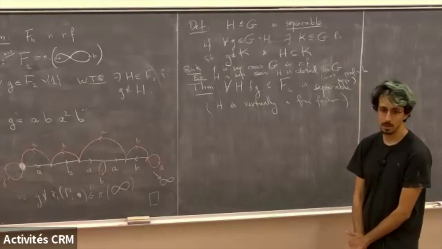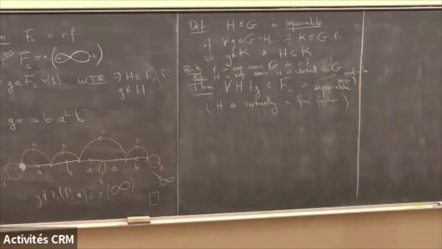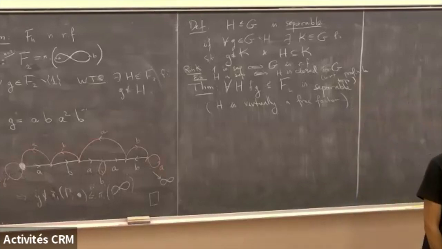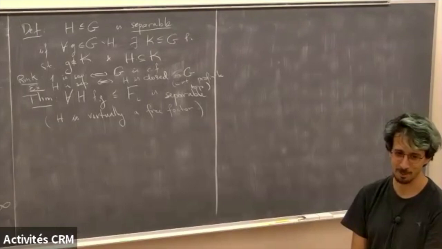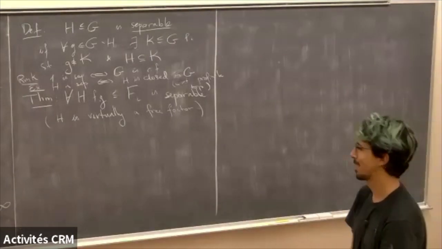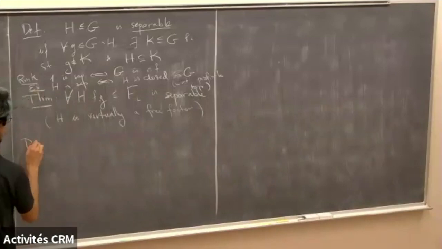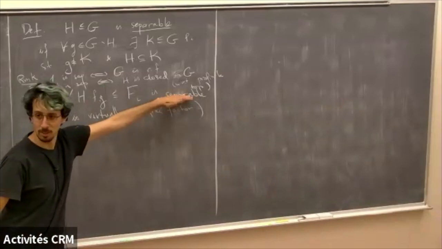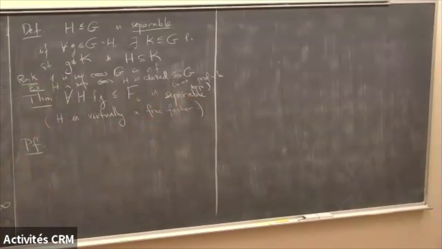Like, are there certain subgroups that are not separable in any group? I'll get to that. But we know what the problem is. So let's go, and we'll see what the proof actually gives and then we'll be clear.